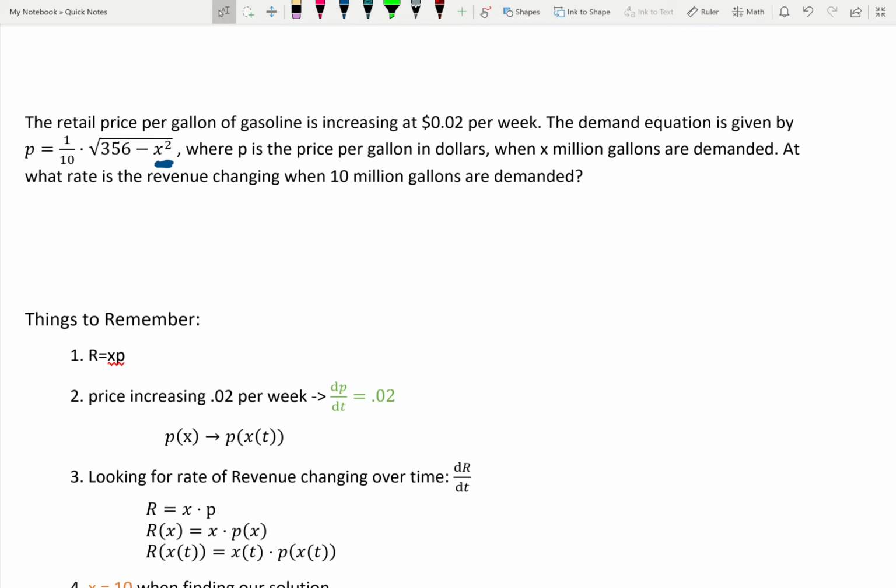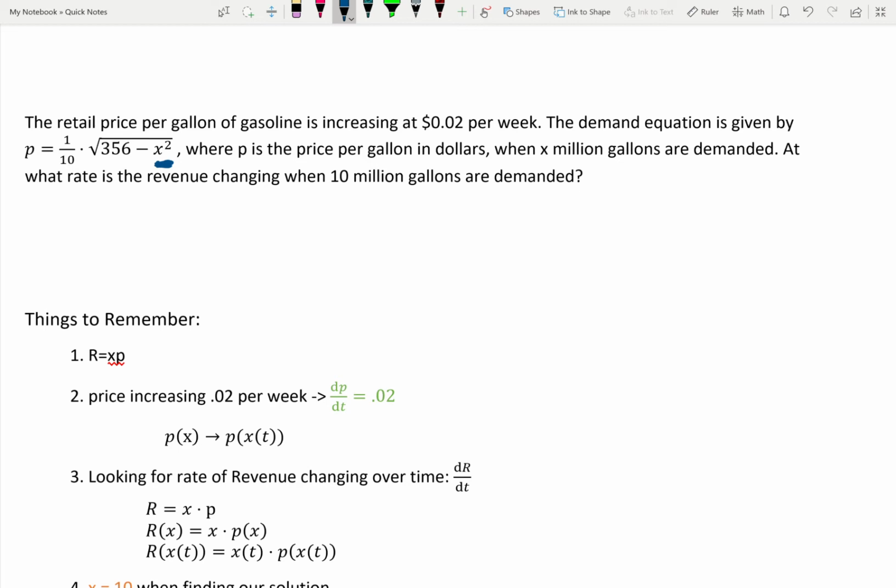And again, this sentence is just saying the same thing that I said right here, which is revenue is given in terms of x. However, x is changing with time, so what we really have is not just R of x, it's R of x of t, which you could write all in terms of t, but we're just going to keep it like this so we don't have to get crazy.